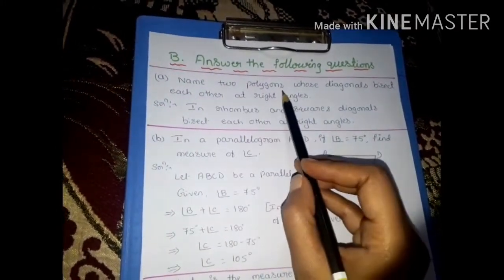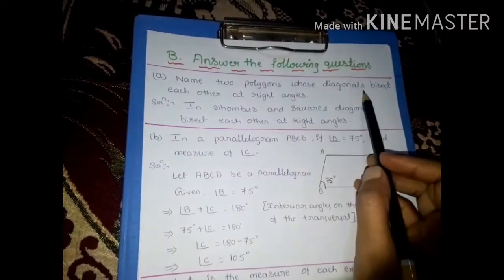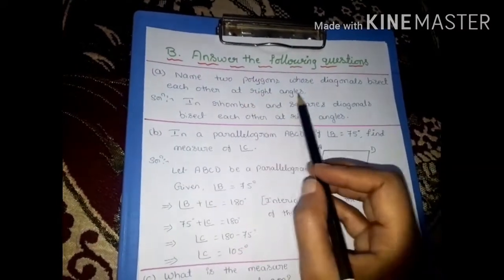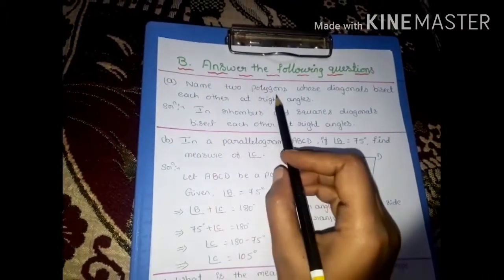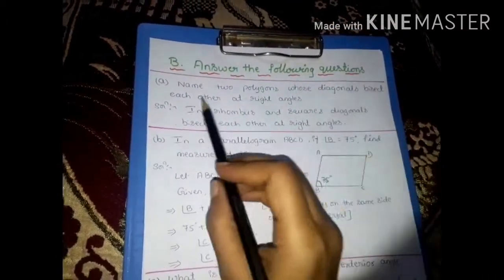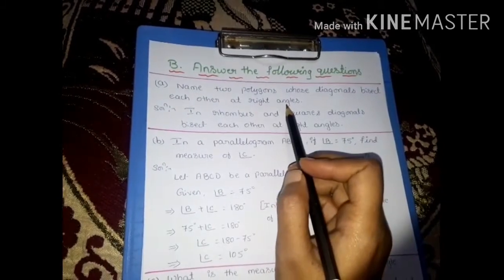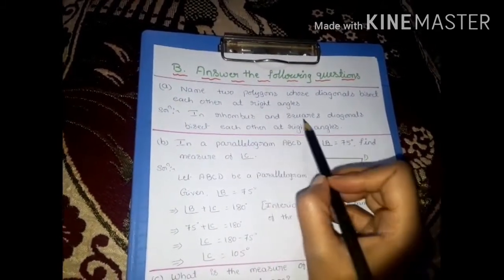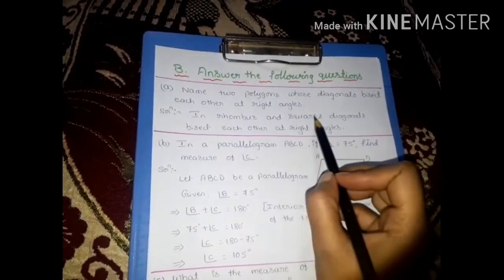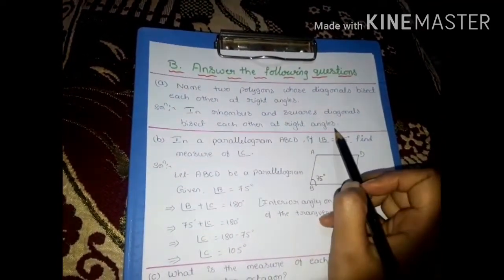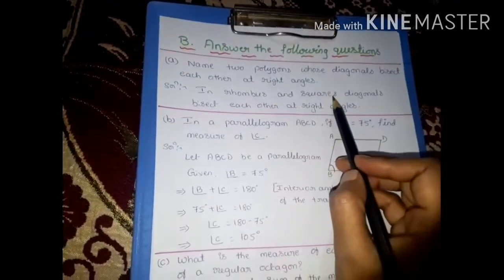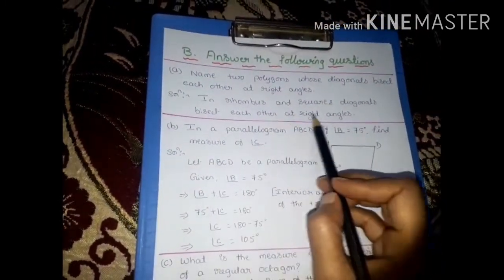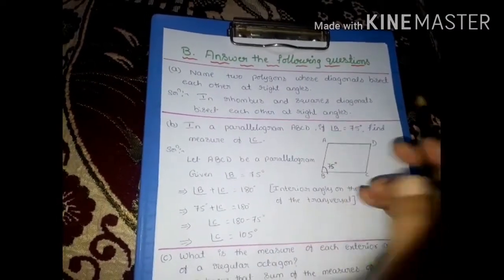Name 2 polygons whose diagonals bisect each other at right angles. Only rhombus and square. These two are the polygons whose diagonals bisect each other at right angles. Answer you have to write: in rhombus and square, diagonals bisect each other at right angles.